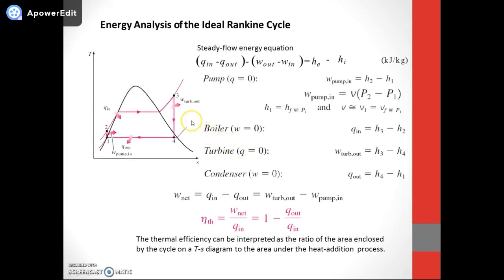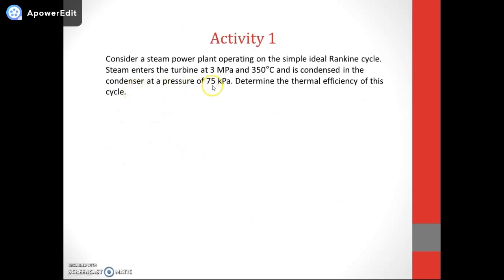In a condenser, it can be pressure 4. It doesn't matter, because pressure 4 and pressure 1 are actually equal. Therefore, it can be pressure 4 or pressure 1. So pressure 4 equals 75 kilopascal. So determine the thermal efficiency of this cycle.